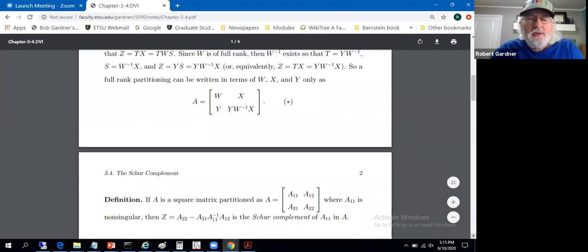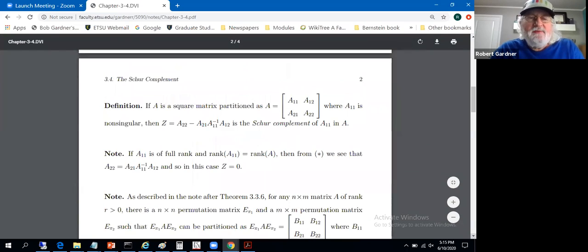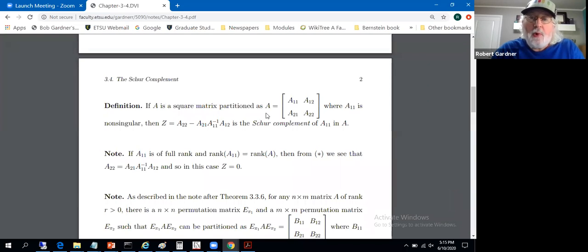All right, that leads us to a definition. If A is a square matrix partitioned as given, so no conditions on matrix A, no comments about rank or anything, only that it's square. And we're going to partition it into 4 parts as given here. We're going to require that A11 be non-singular.